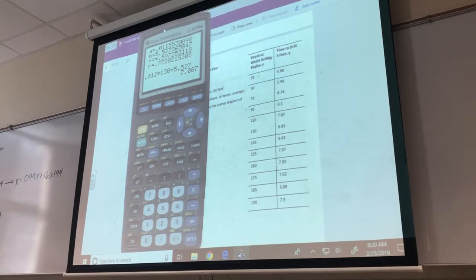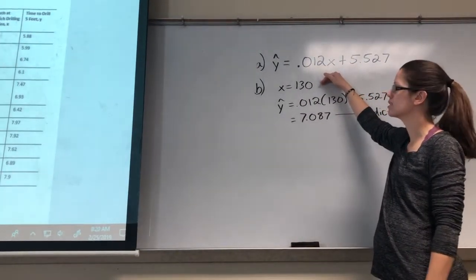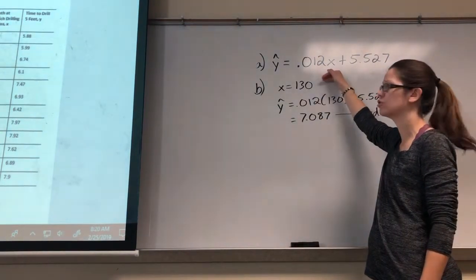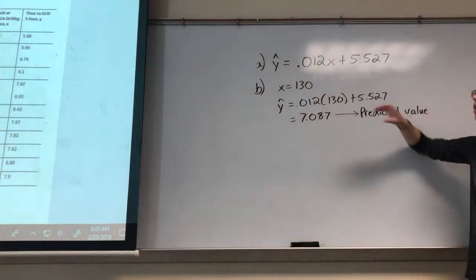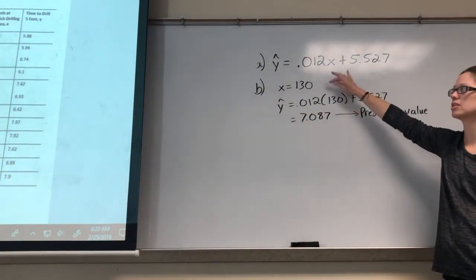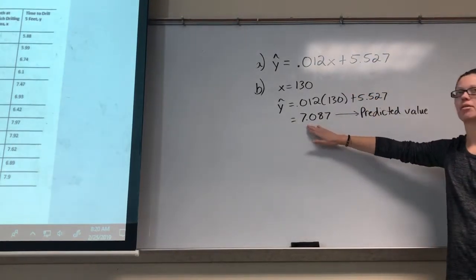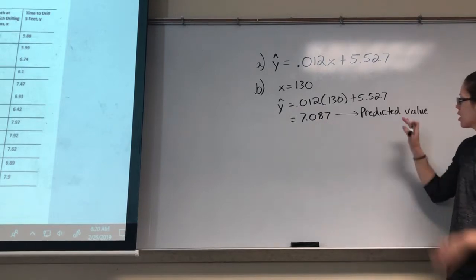And then another way it's going to be worded in your homework is if you do quite a few of these cases where X equals 130, you start 130 feet below the surface and you drill for 5 feet. The average time between all of the drillings that started at 130 feet below the surface, the average of them should come out to be about 7.087. And so this is our predicted value.